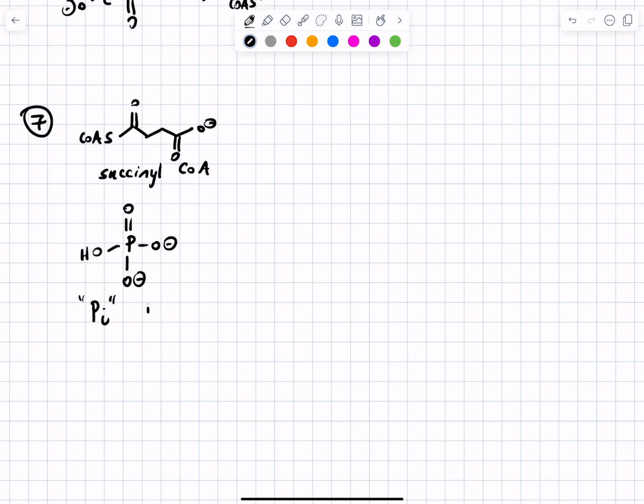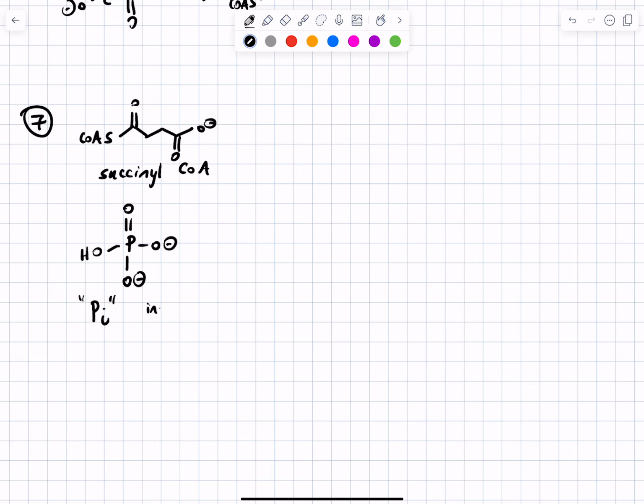Most of your biochemistry text will abbreviate it as Pi. They simply mean a phosphate group that's not attached to a carbon. This is just dissolved in your blood, and in the cytosol, it's just present. Easily accessible.